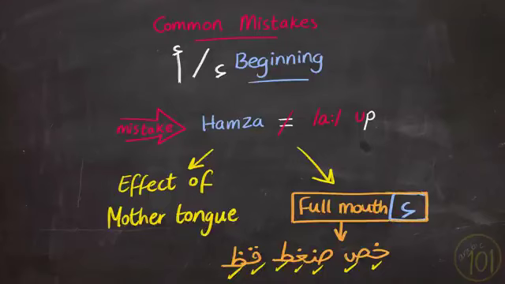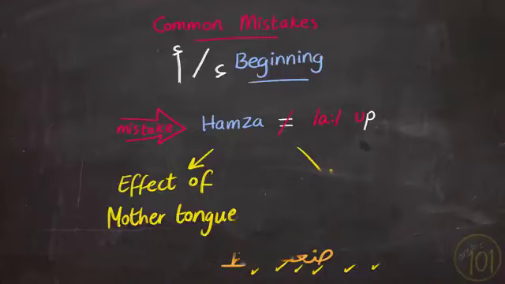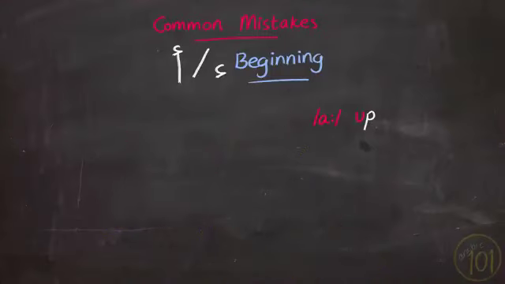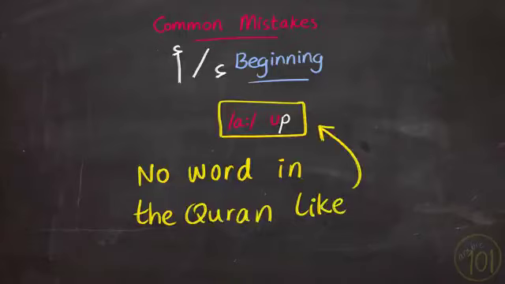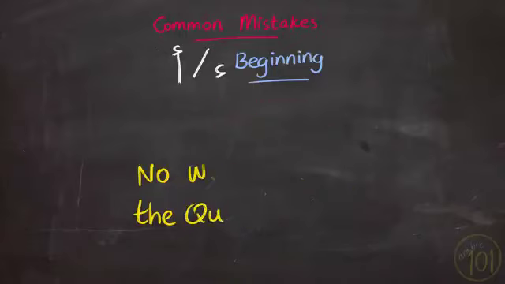So understanding the root cause of the problem can help you get over it much easier, inshallah. And as a general rule that you can learn and apply, you can start any word in the Quran with an empty mouth hamza. Let's look at the first example.